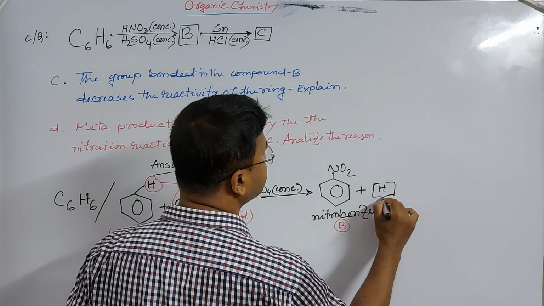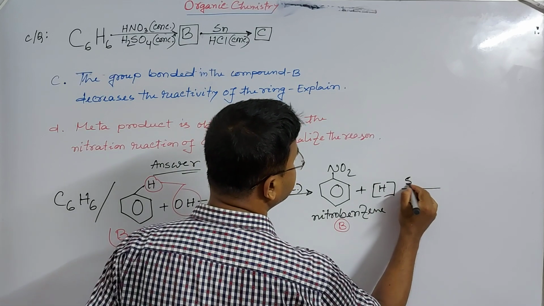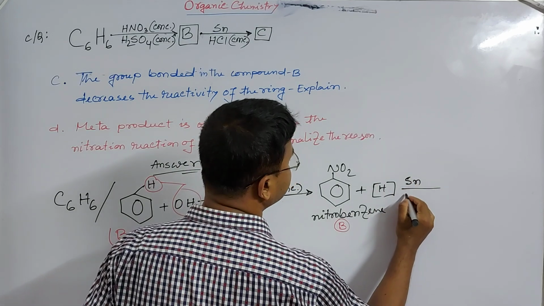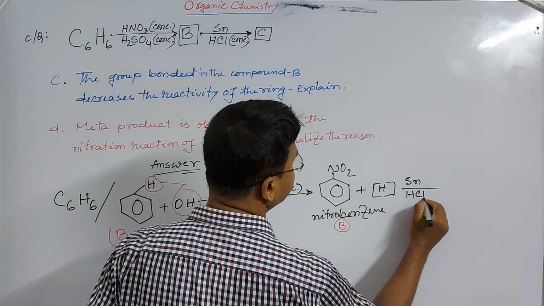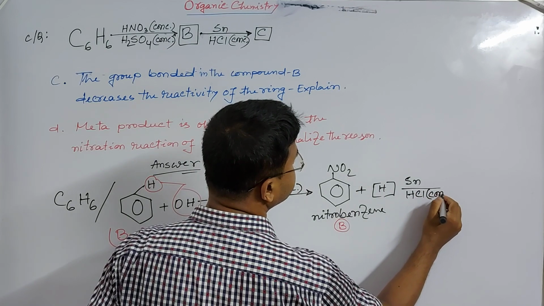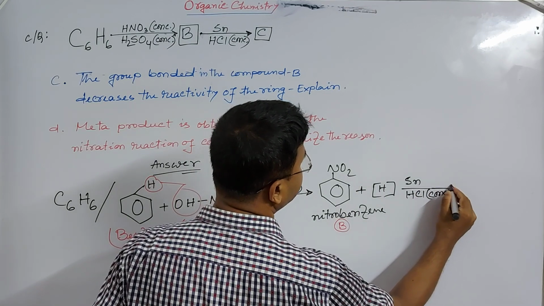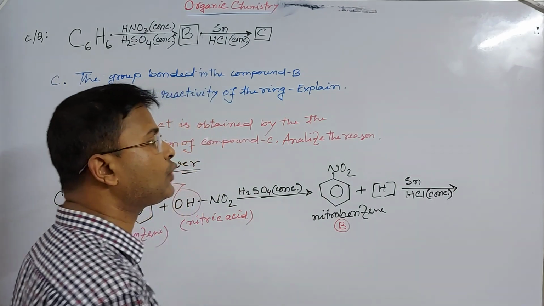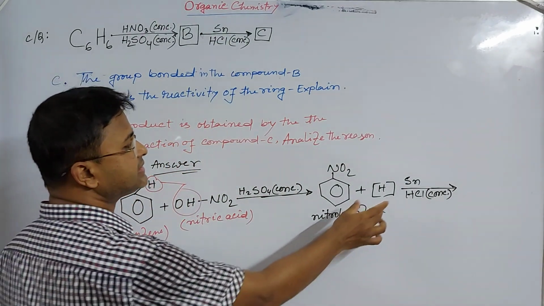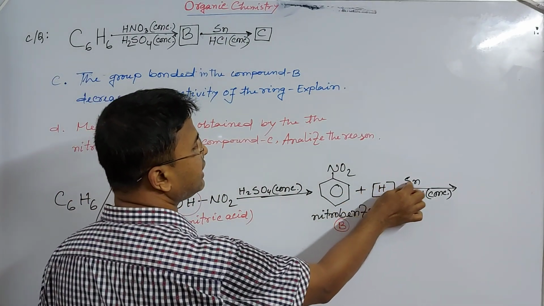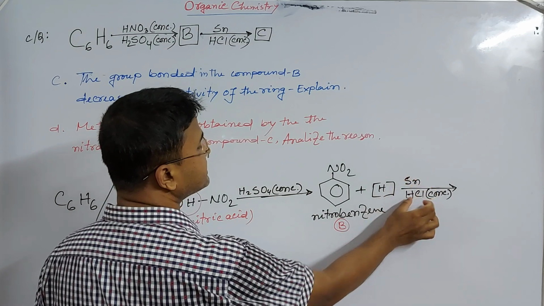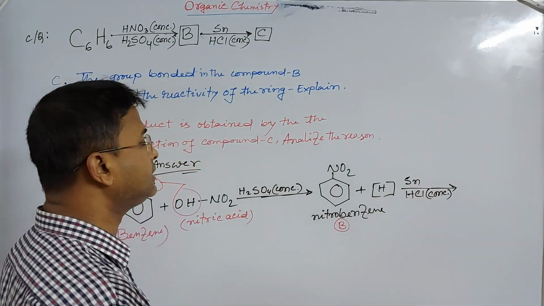Nitrobenzene is reduced by stannous and concentrated hydrochloric acid. My dear students, it is noted that nascent hydrogen is produced by the reaction of stannous and concentrated hydrochloric acid.